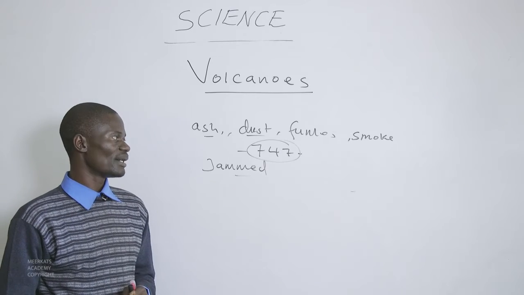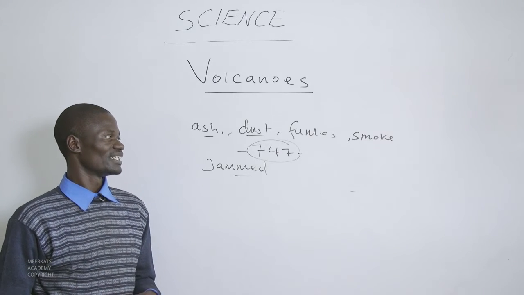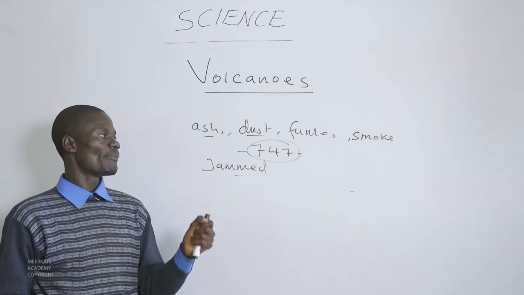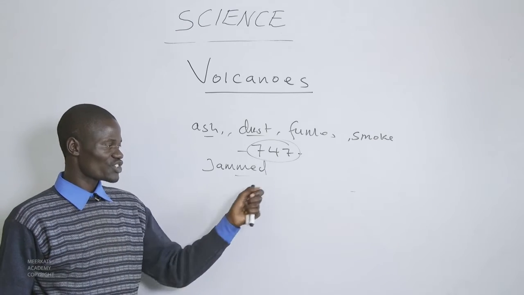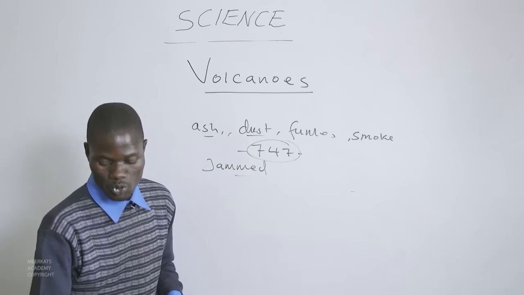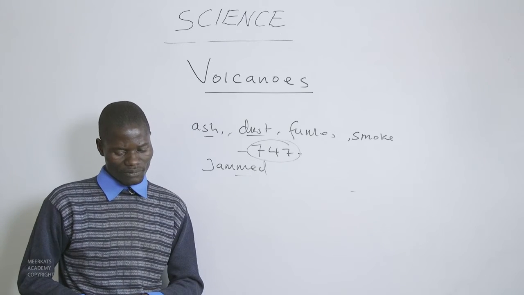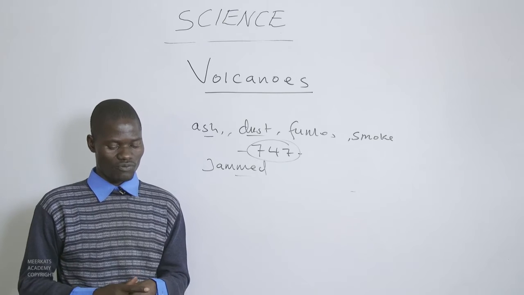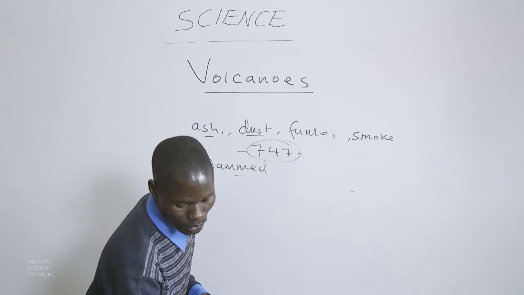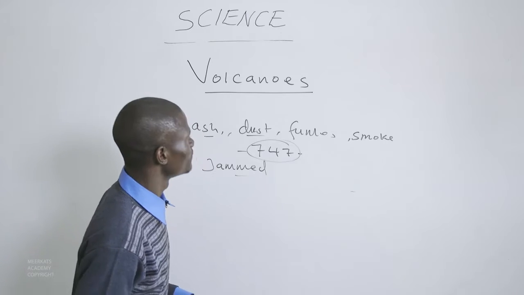It did not settle down very fast. And as a result, it found a pilot unaware. That is where the plane crashed, and a number of passengers died. Those are some of the effects of volcanoes that we are able to look at all over the world.